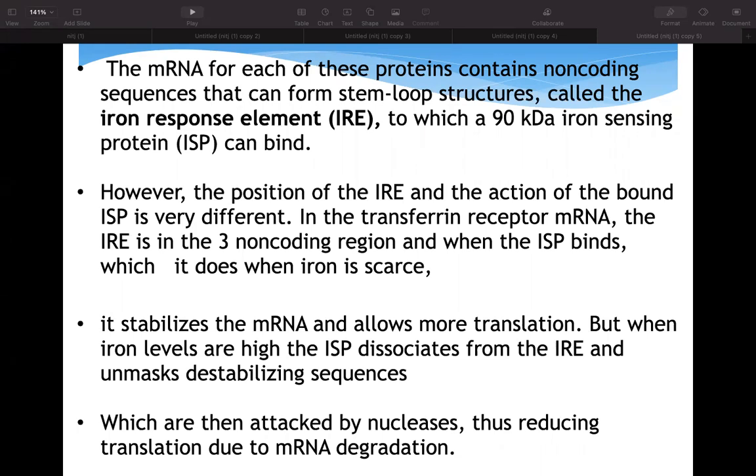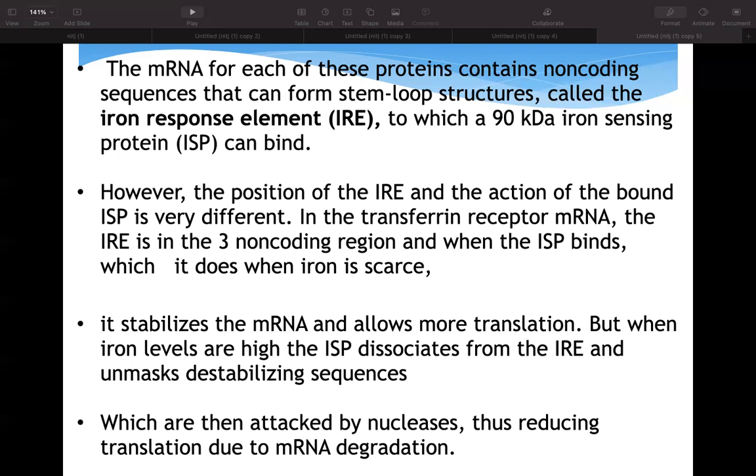A 90 kilodalton iron sensing protein can bind to the iron response element. However, the position of the iron response element and its action in binding the iron sensing protein is very different in each case.